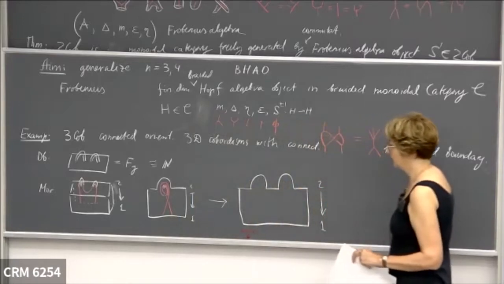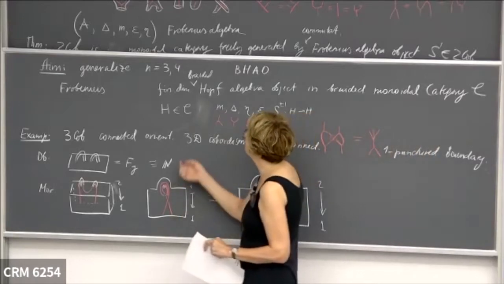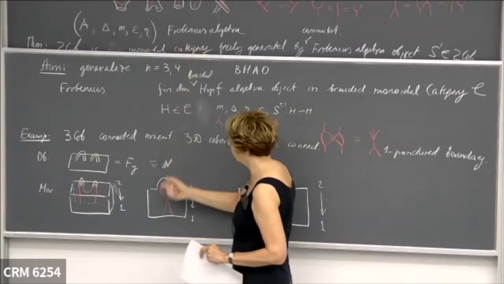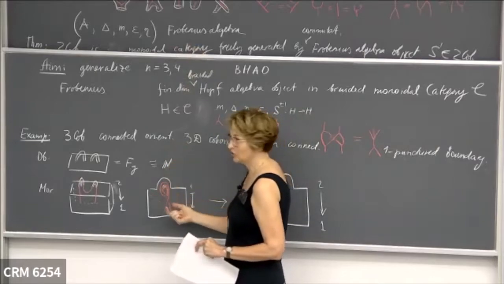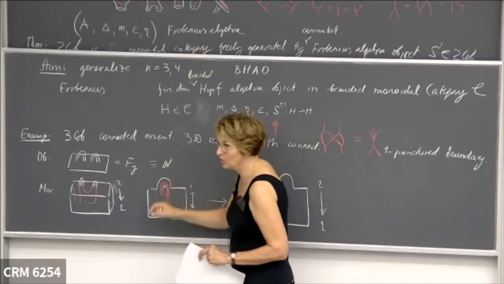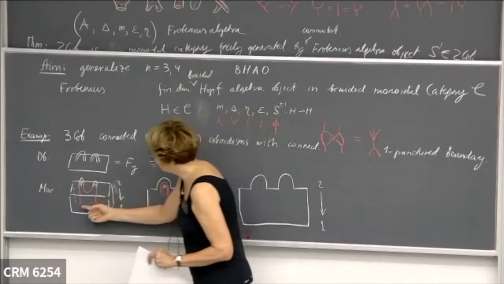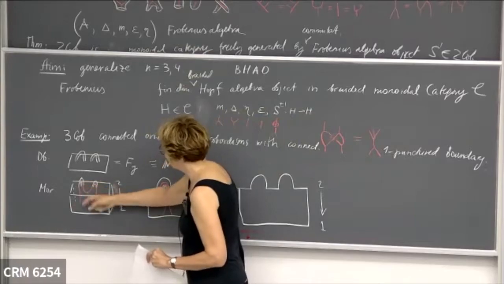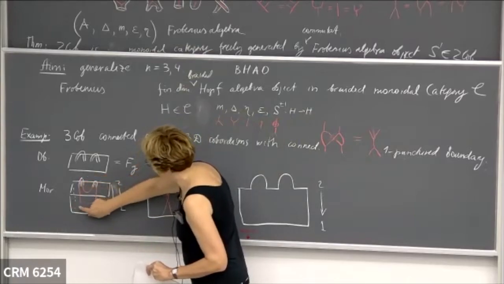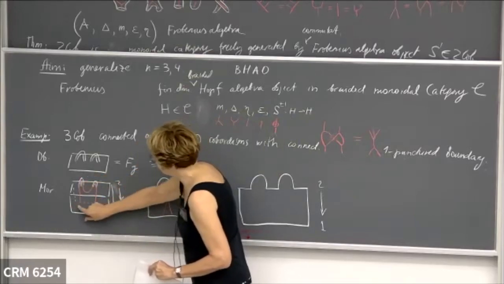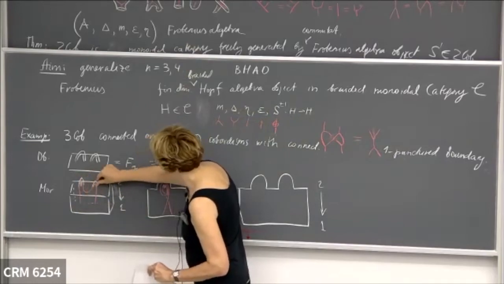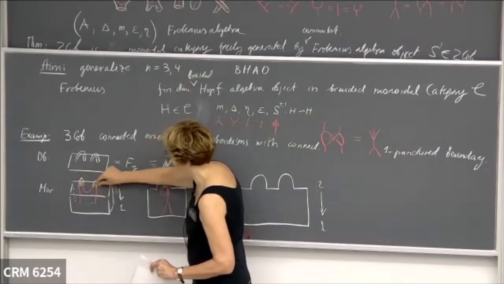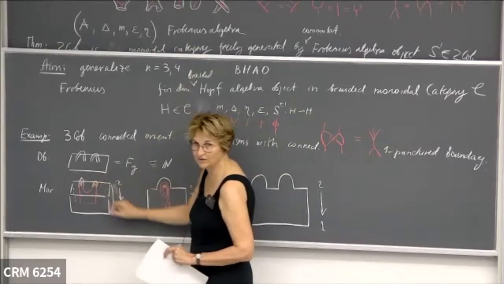And this morphism is obtained in the following way. As I said, for morphisms, the composition should be given by gluing along the boundary. Now the downstairs boundary of this one is just a surface. It's just this tubular neighborhood of this line, a one-handle which goes along this red line.